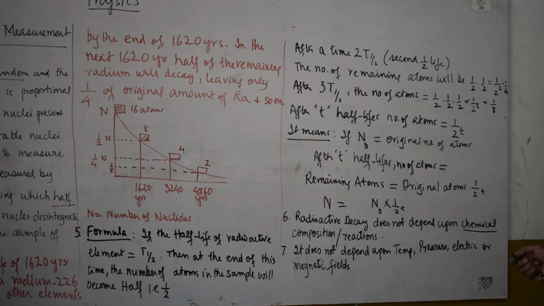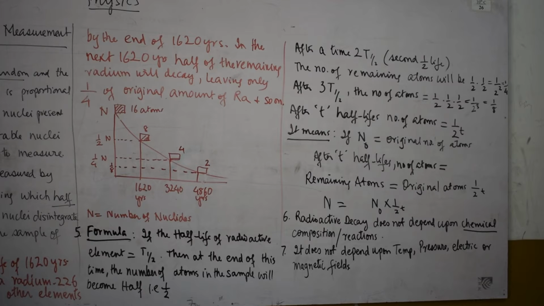So if N0 is the original number of atoms present in a certain sample, then after t half-lives the number of atoms can be found by the formula N equals N naught, the original number of atoms, multiplied by 1/2 to the power t.